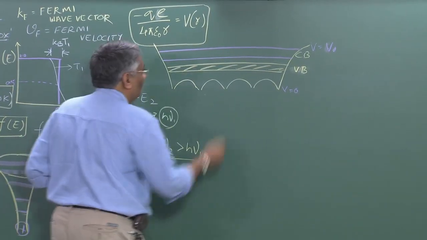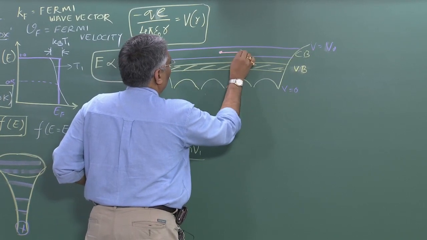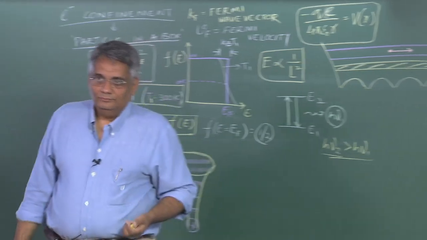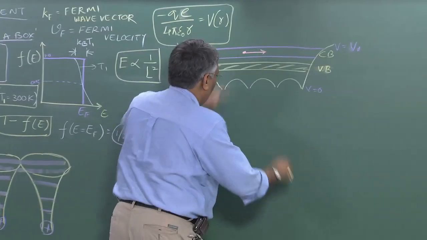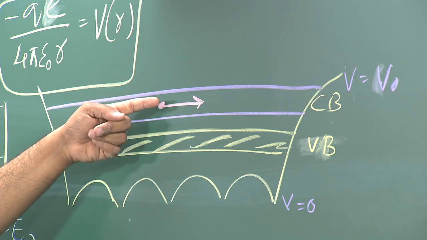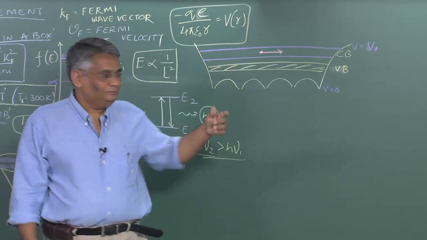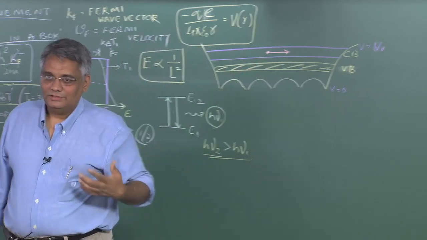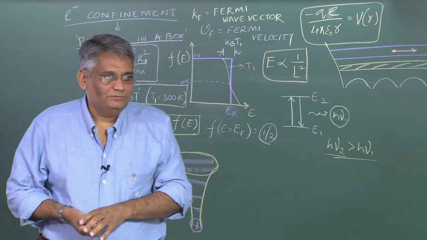Now, well, in this case, of course, if the electron moves in there across the Fermi level, when it moves inside the conduction band, you have the process of conduction.